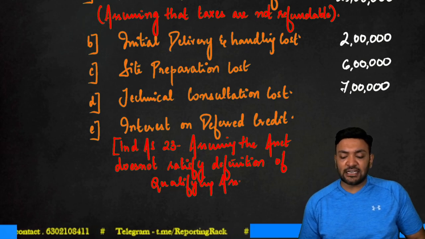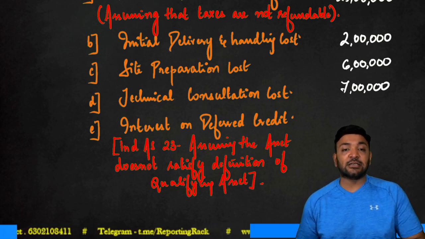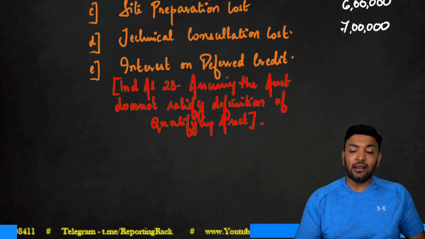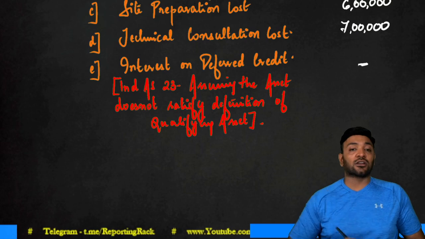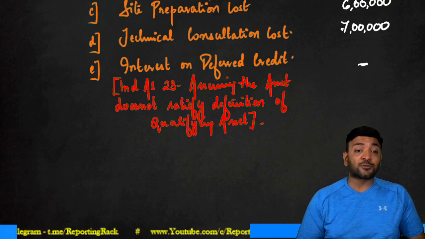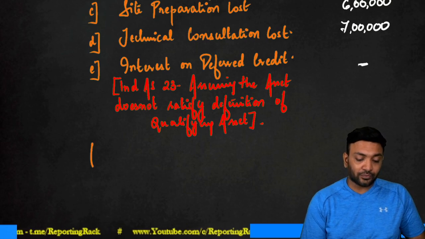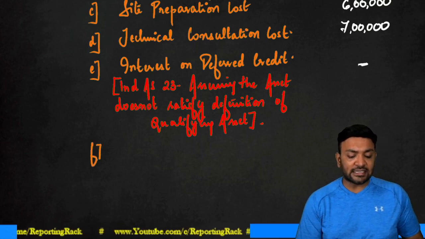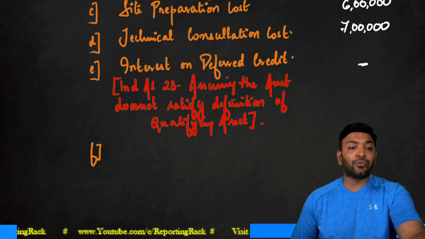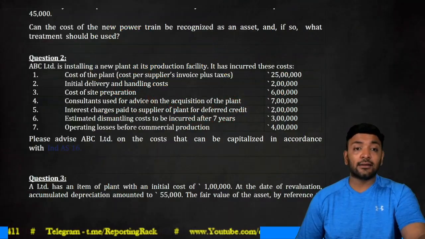If it satisfies the definition of qualifying asset, then it is eligible to be included in the cost. As per Ind AS 23, it is not supposed to be included in the cost. Clear? But that is as per Ind AS 23 and not as per Ind AS 16. Next cost to be included. Go back and check.